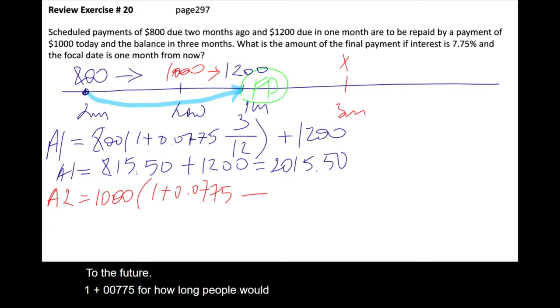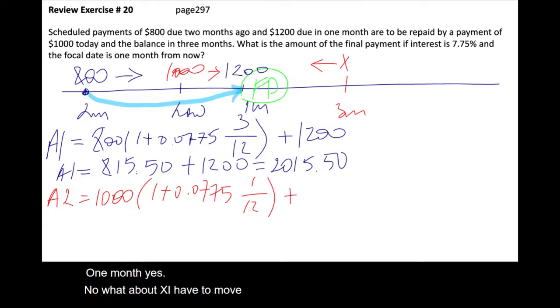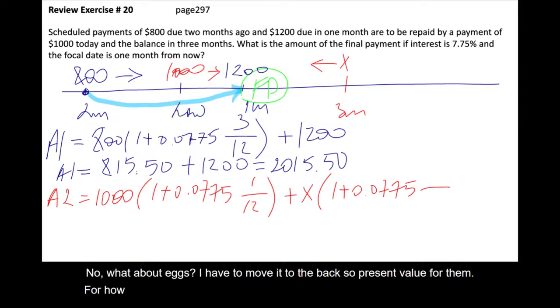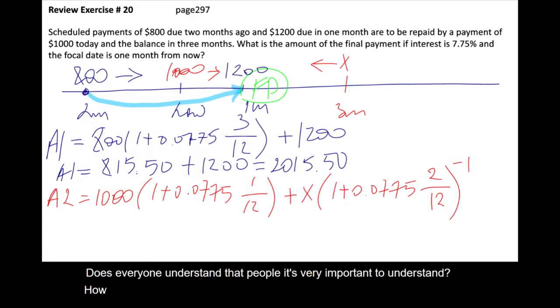What's the distance? 1 month, yes. Now, what about x? I have to move it to the back, so present value formula. For how long? 2 months. Does everyone understand that, people? It's very important to understand how to find those intervals. Very good.